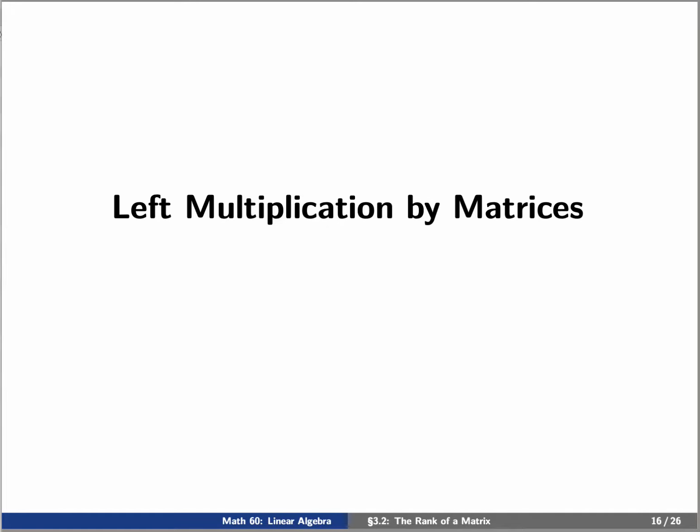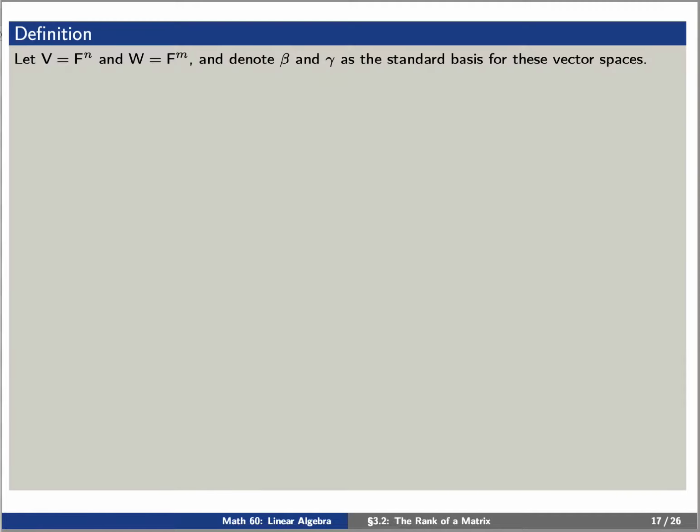We're now ready to discuss the new concepts for the day. We'd like to first start off by discussing left multiplication by matrices. Let's let V be our n-dimensional vector space Fn, and W denote our m-dimensional vector space Fm. We'll write beta and gamma as the standard bases for these two vector spaces.